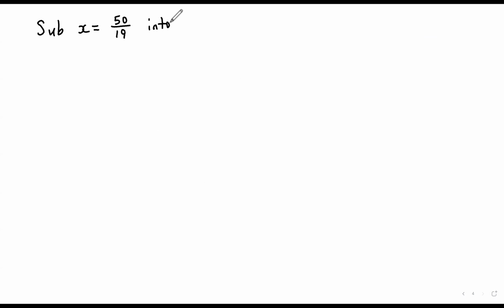I am going to put it in equation 1, that's the linear one, which was 4x plus y is equal to 11. So it'll be 4 times 50 over 19 plus y is equal to 11. So on your calculator, you'll check what is 4 times 50 over 19.